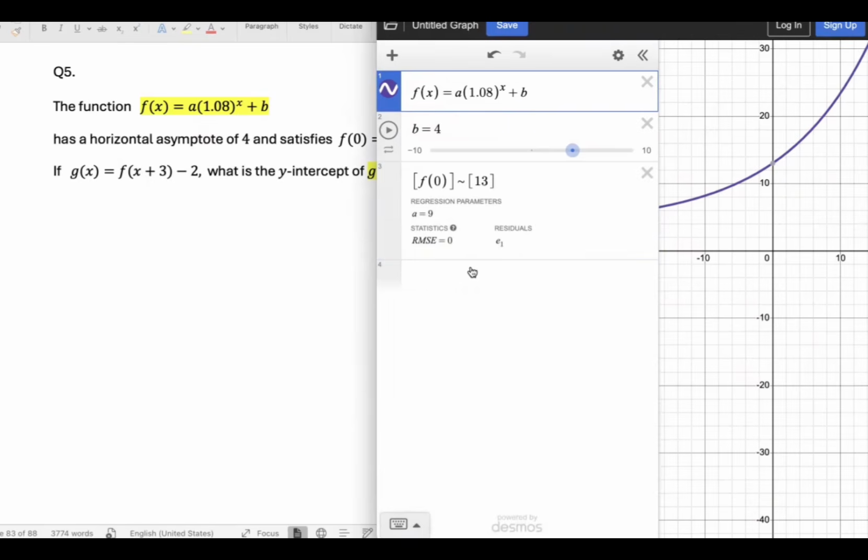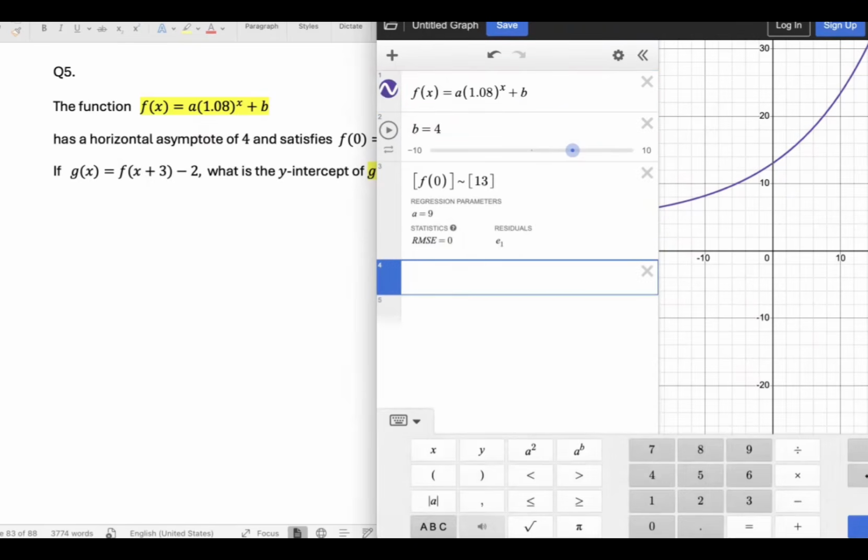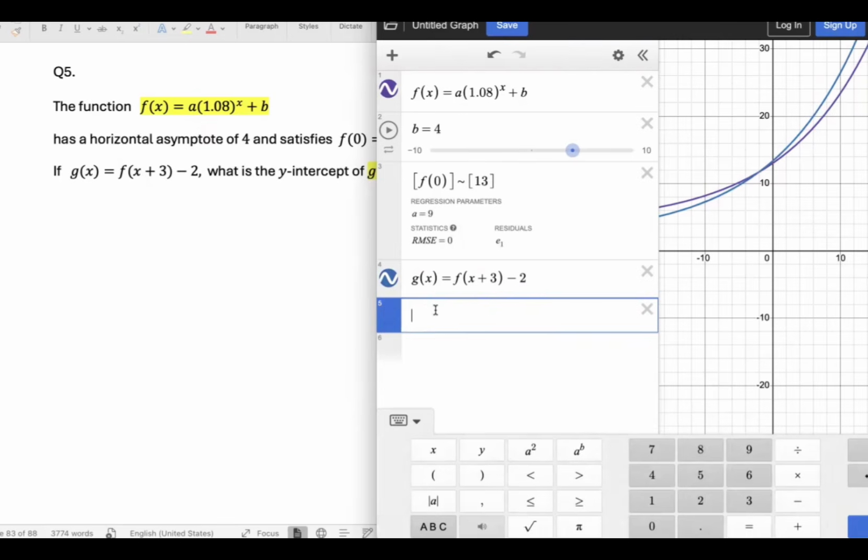Now, you know the definition of g of x. Define g of x to Desmos. It says f of x plus 3 minus 2. You see, plot the graph for g of x. All you need to do is find g of what? 0, because that's the intercept. And you get what? 13.337. The same thing we got.